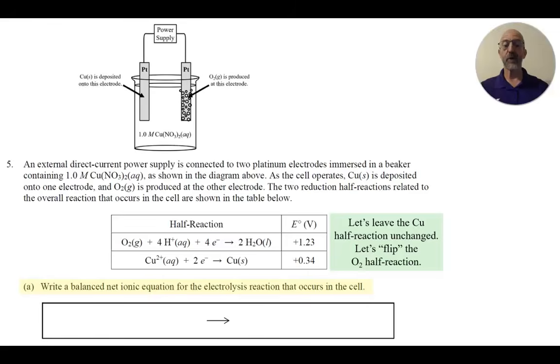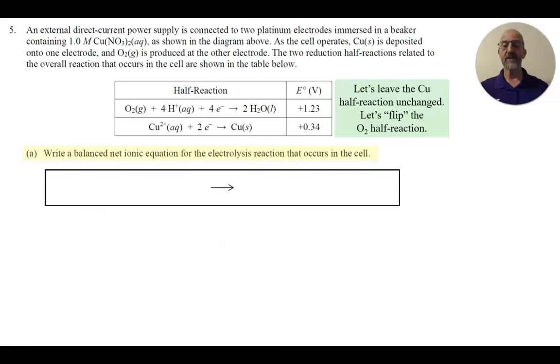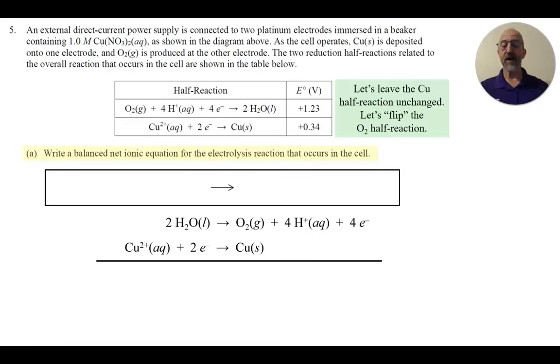Let's go ahead and flip or reverse the oxygen half reaction. So there is my reversed version of that half reaction, so I can get oxygen, O2, to appear as a product. Now I will write the copper half reaction, and before we can add these two half reactions together, I need to get the electrons to cancel out on opposite sides of the equation.